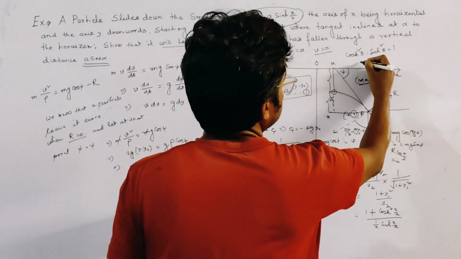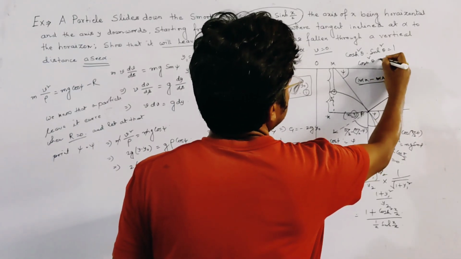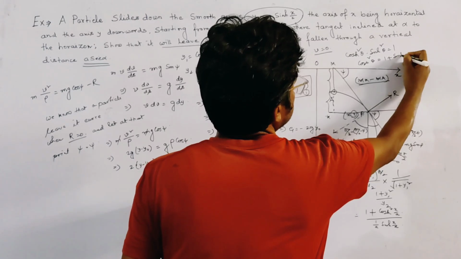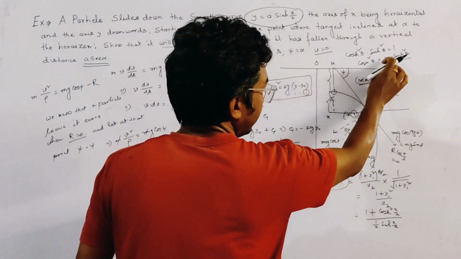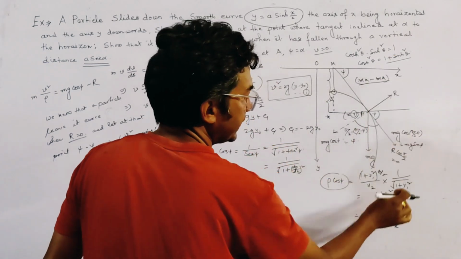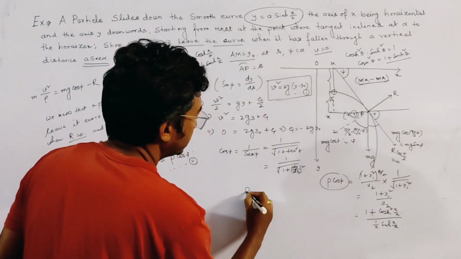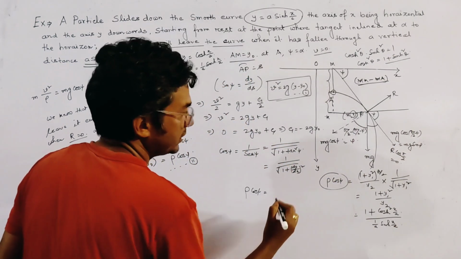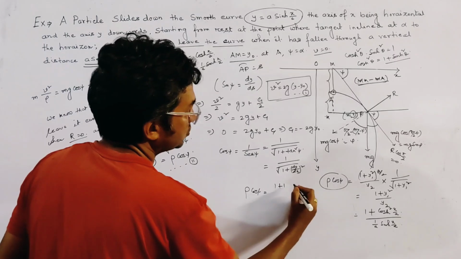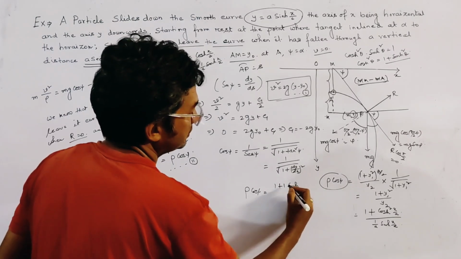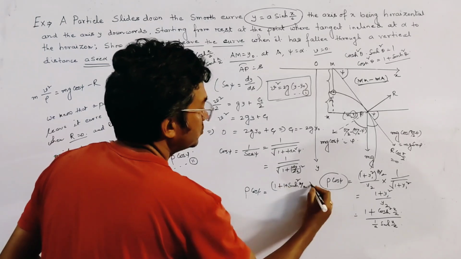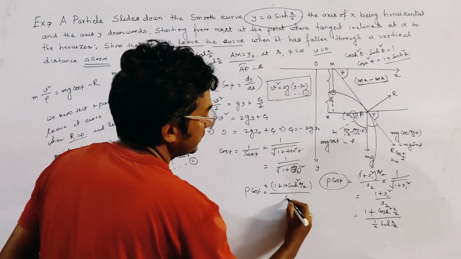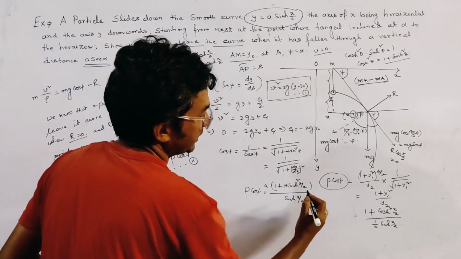So we get cosh square theta equal to 1 plus sinh square theta. We put the value of this in here, so we get rho cos psi equal to 1 plus sinh square (x/a) into a by cosh(x/a).